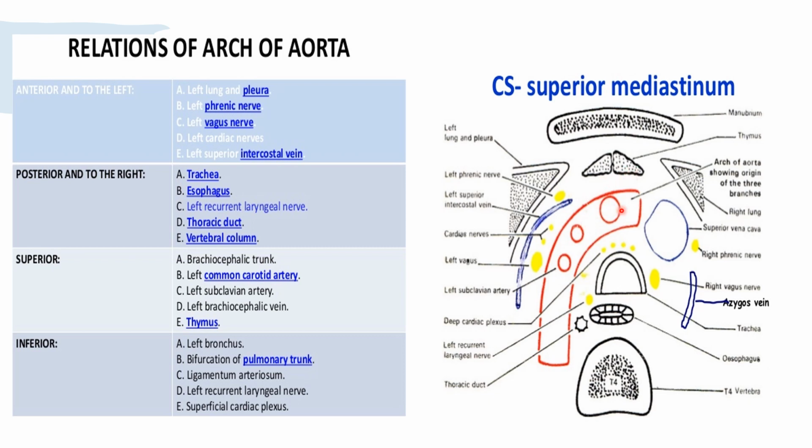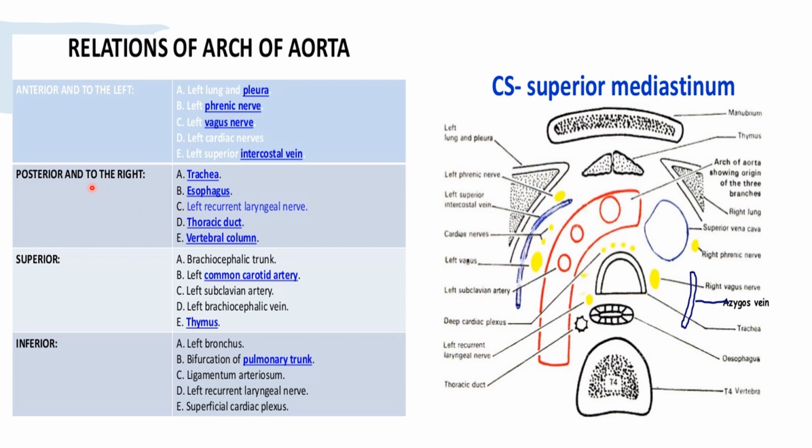Anterior and to the left we have the left lung and pleura, the left phrenic nerve, and the left vagus nerve, as you can see in this diagram, and left cardiac nerves and left superior intercostal vein. So these are the relations of the arch of aorta anteriorly and to the left: left lung and pleura, left phrenic nerve, left superior intercostal vein, cardiac nerves and left vagus nerve.